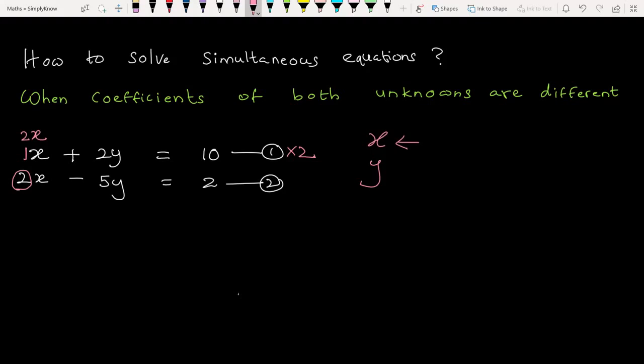What about y? Shall we try to equate the two coefficients of y? Now, in the first equation, the coefficient of y is 2. In the second equation, it's 5. So how do I equate these two? In this case, we need to multiply both equations to make both coefficients of y the same.